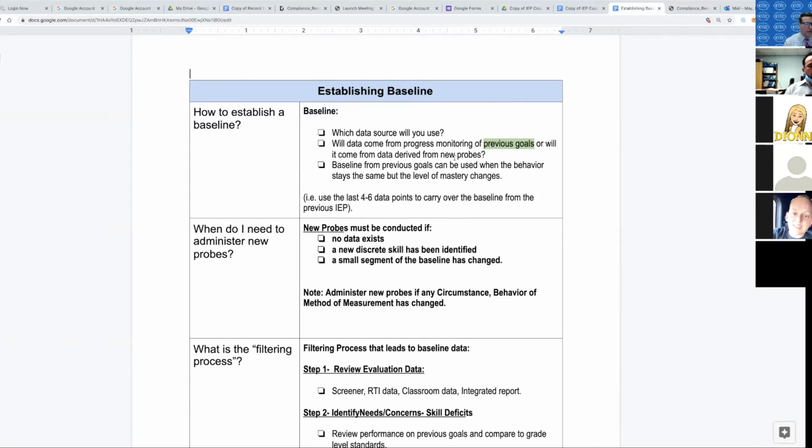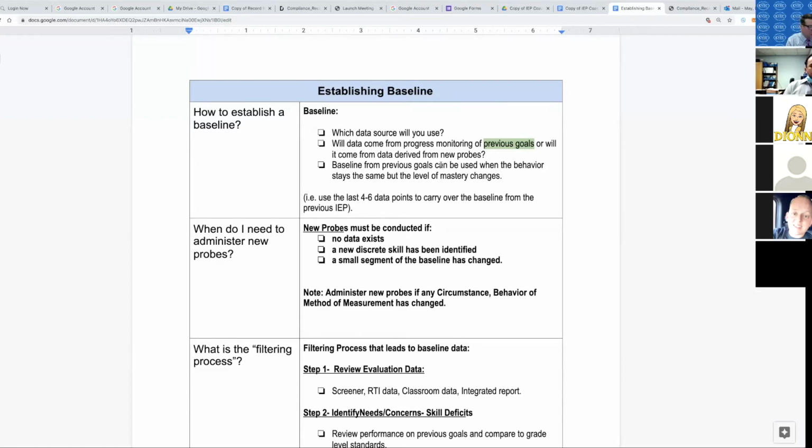So you would adjust the percentage or the criteria, but if you're going to keep the same goal, you would want to keep the same behavior, the same tool that you're measuring it with, and the same conditions under which you're going to measure it, so that it's comparing apples to apples, and that you can, in fact, show that that progress continues to occur.